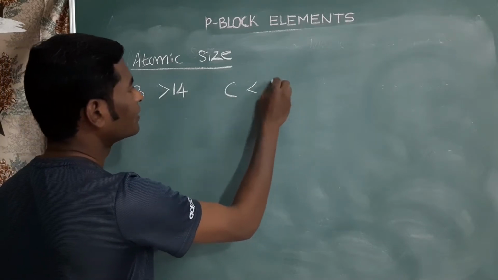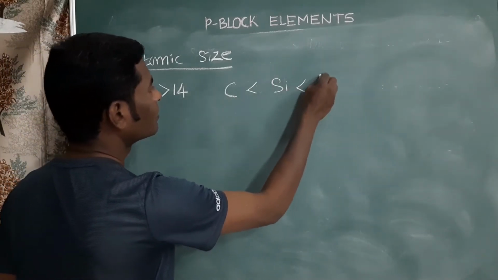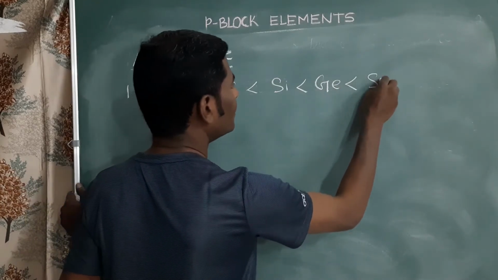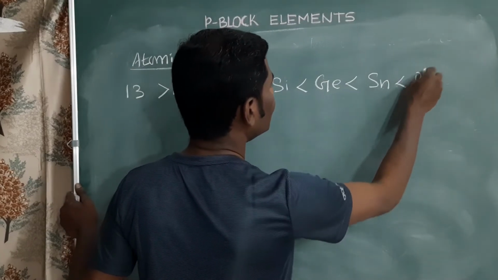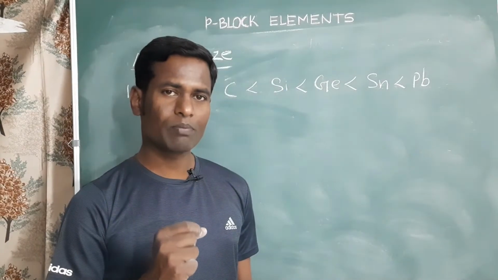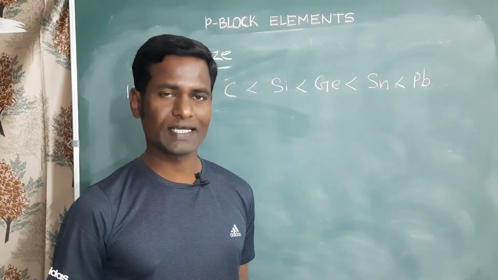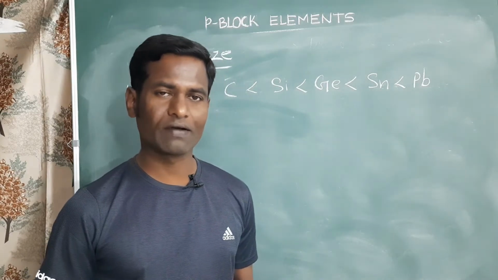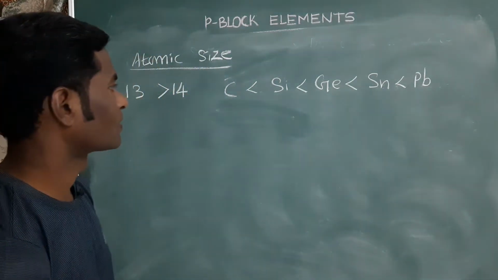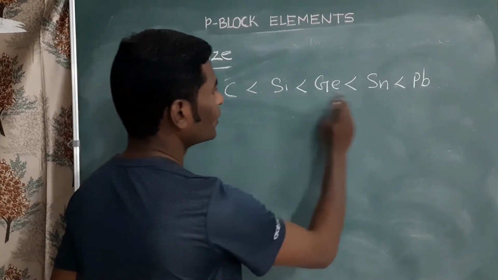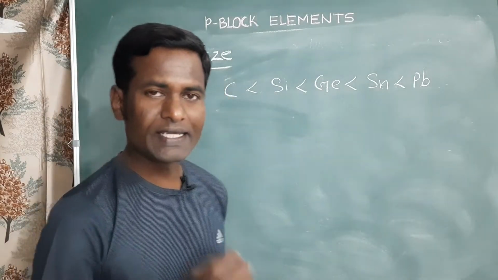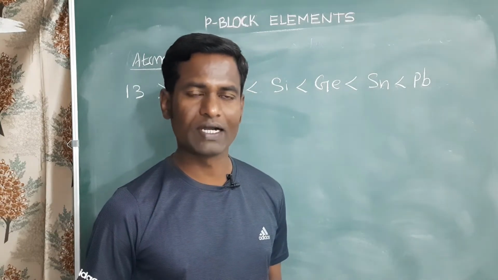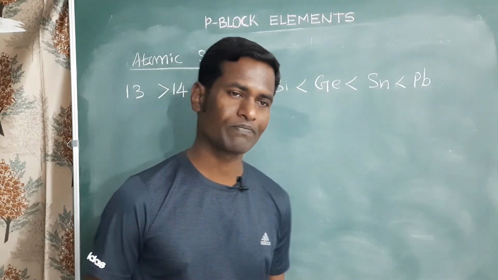Carbon smaller than silicon, silicon smaller than germanium, germanium smaller than tin, tin smaller than lead. From carbon to silicon, the size of atom increases due to more shielding effect of s and p orbitals. From silicon to lead, small increases in size of atom due to poor shielding effect of d and f orbitals.